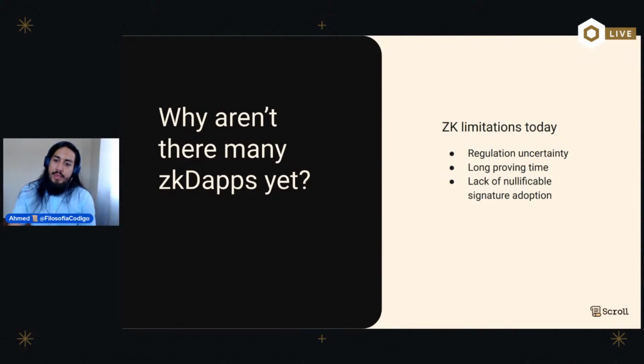The problem is that right now, all the signatures that are available on all the wallets are not nullifiable. This means that you can't use this technique that would prevent a user from using your signature again and again.